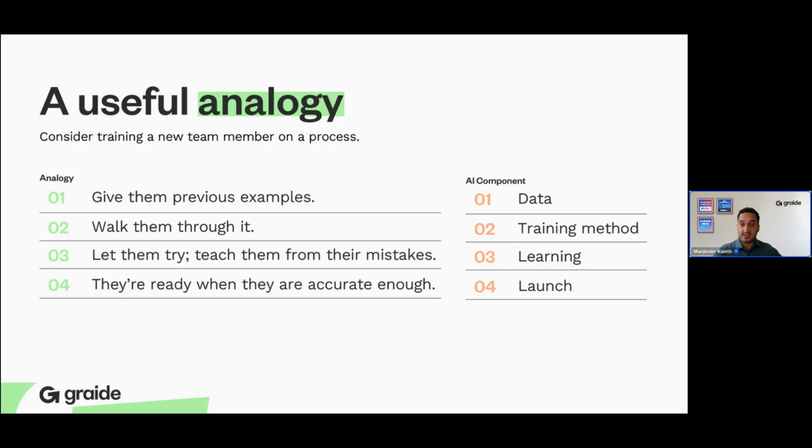Or we might just say, this is how it was done before, work it out, see what happens. The process of the individual going through that work and understanding is the learning. That's effectively the same. And then lastly is the launch, which is when that person is ready, they go off and actually do that process in the wild.